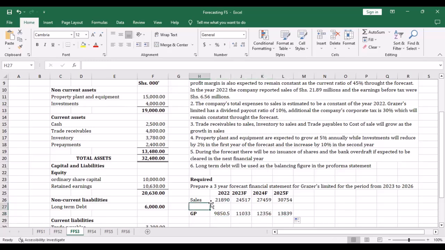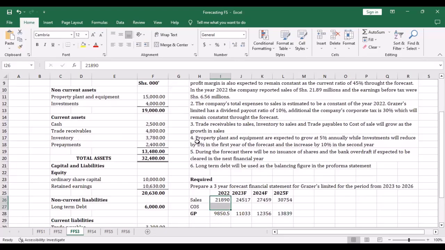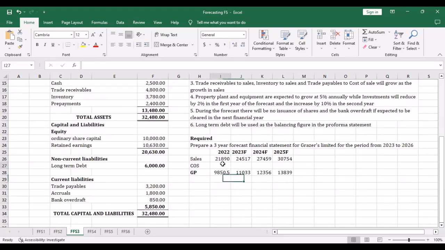So here our cost of sales. Remember, we have not been tasked to prepare the whole statements; we have been just asked to prepare the statement of financial position, but these assumptions are the ones we'll be using. So it will be this one minus the sales, the gross profit.